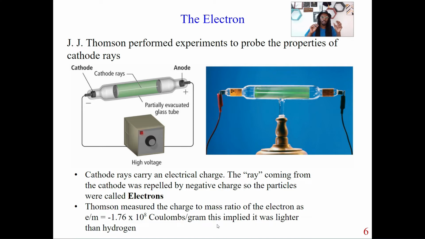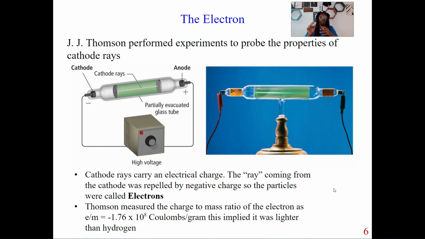When he found this out, it was a huge thing. It meant that this particle he had just found was actually lighter than hydrogen. That's really big, because at that time people assumed hydrogen was the lightest thing in the world, the lightest and smallest element.